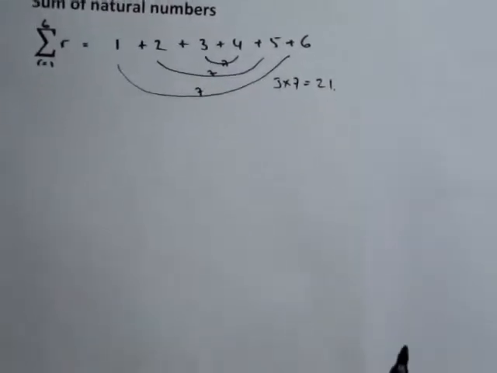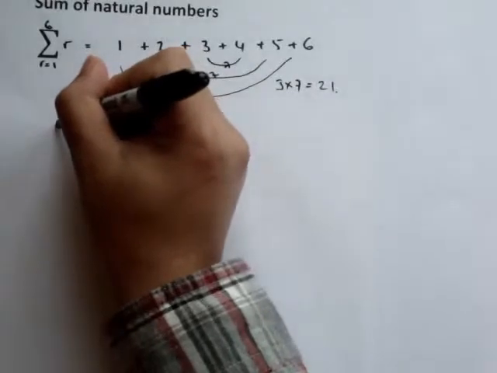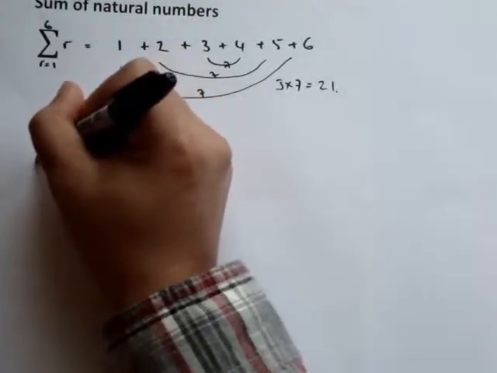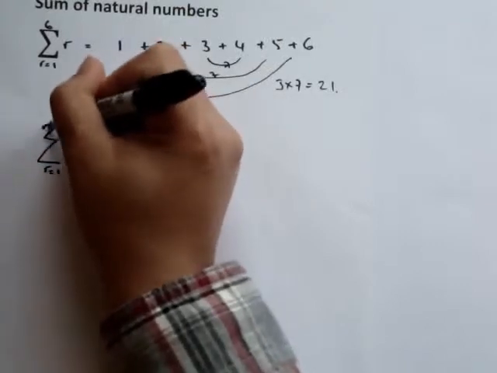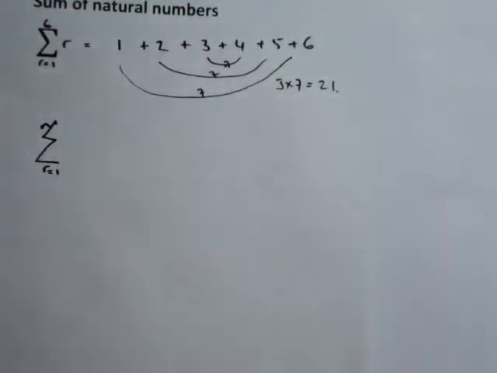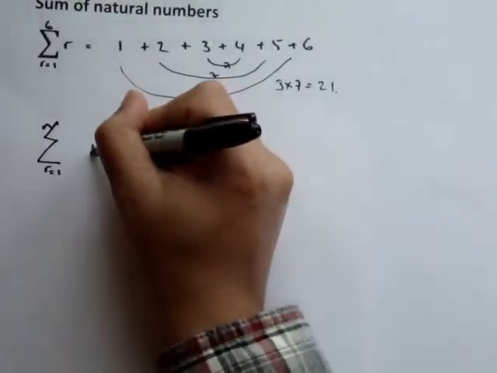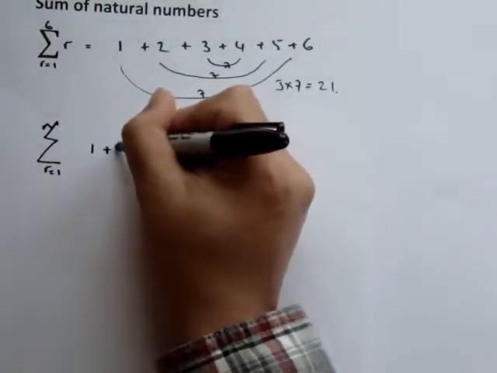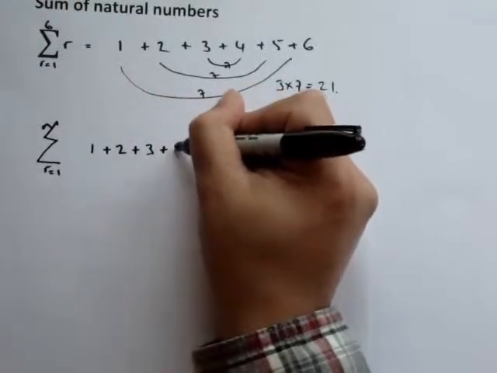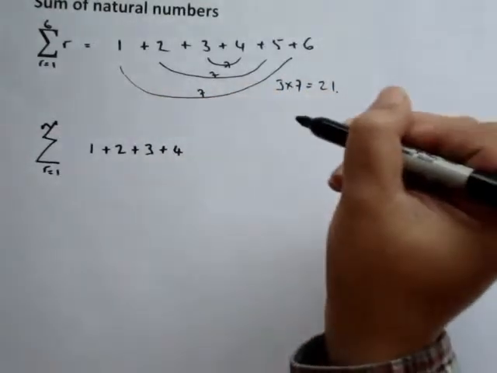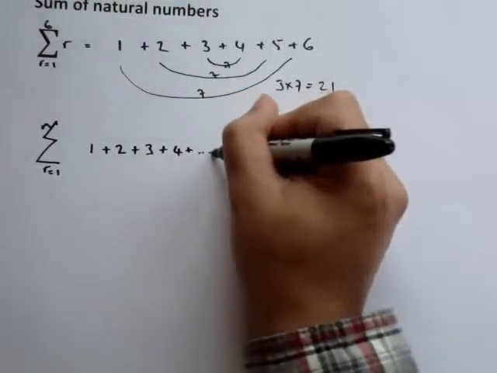Now if we take a similar approach to the sum from r equals 1 to n, so we have 1 plus 2 plus 3 plus 4, and then so on.